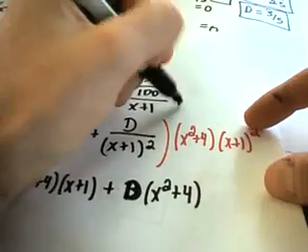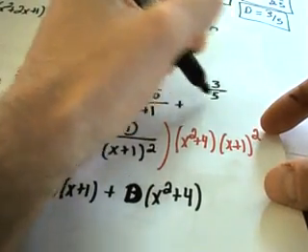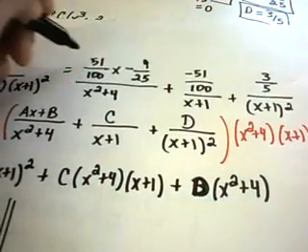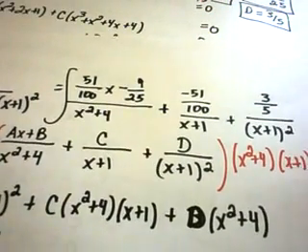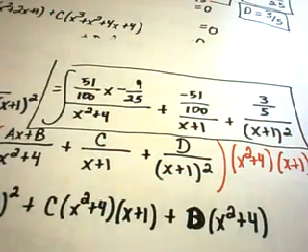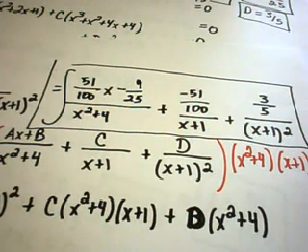And then we figured out our d value to be 3/5, so 3/5 over x plus 1 quantity squared. And this is now what we'd be integrating instead, all of this stuff on the top right. Whew. Okay, so pretty long, miserable problem, as you can see.